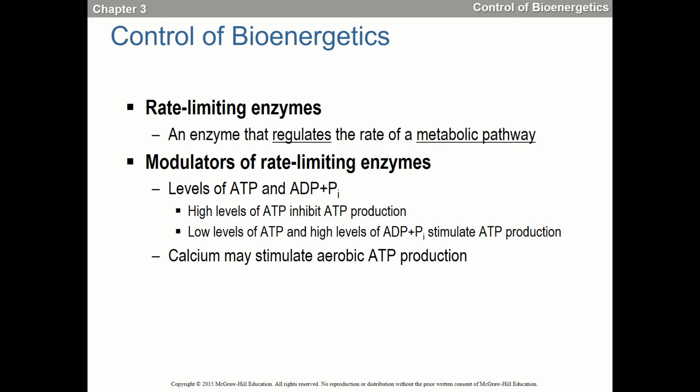What's the example people always use? If you've ever been on the highway, if they close off one lane so there's only one lane, that choke point is virtually the rate-limiting step. If you open that up, then traffic flows a little bit faster.